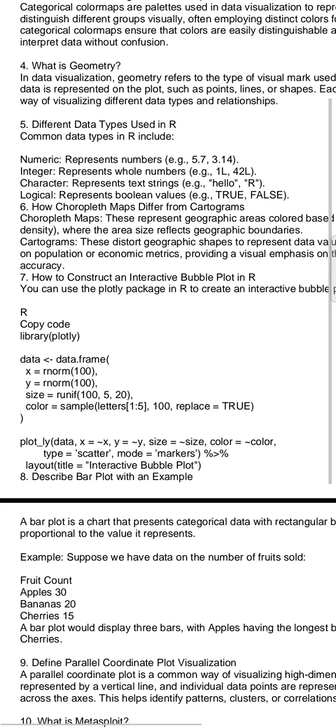Integer represents whole numbers, for example 1L, 42L. Character represents text strings, for example "hello" or "welcome". Logical represents Boolean values, which means TRUE and FALSE. These are the common data types used in R. A very important question that you can expect from that module.